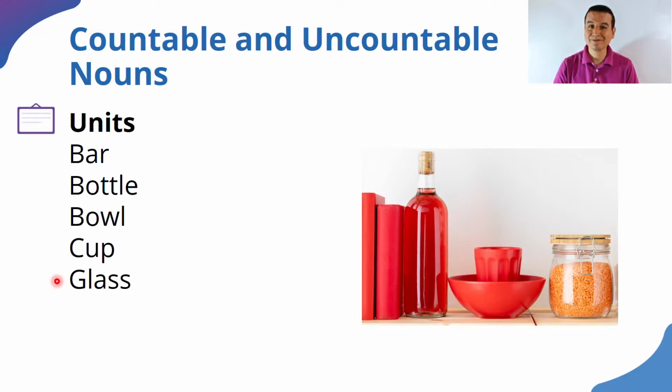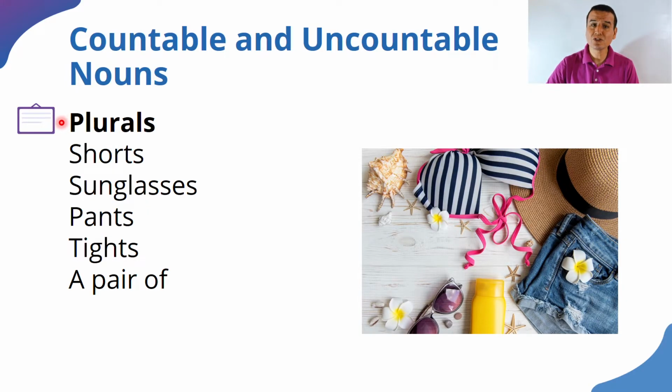All right? Now, the last thing that I need to tell you, to remind you, is that there are some nouns that don't usually come in the singular form, and they are always used like in pairs, for example. And this is the case of shorts. We don't usually say, I have one short. No, I have one pair of shorts.